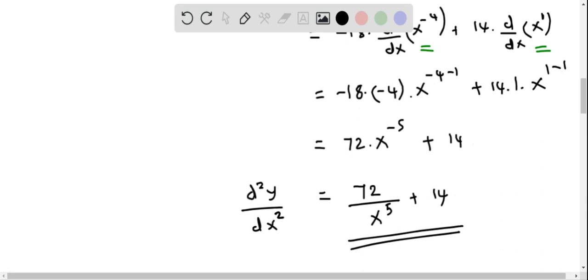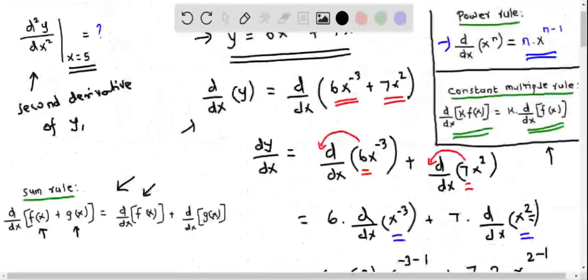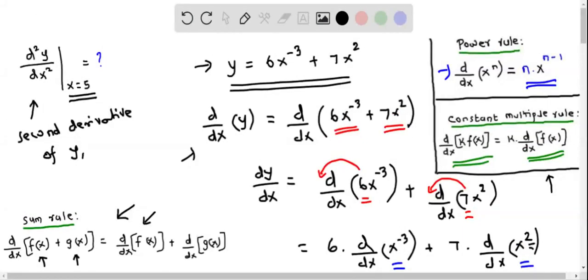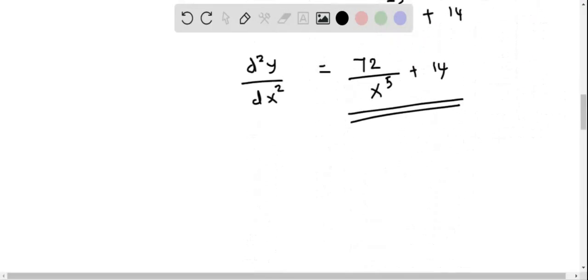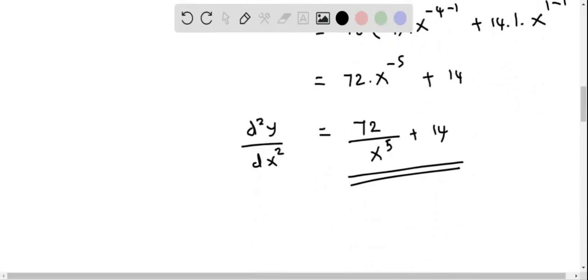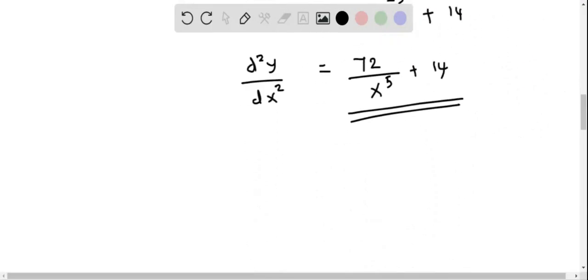Now to answer the question, which is actually we have to find the second derivative evaluated at x equal to 5, which means we have the expression for the second derivative, and in this expression we replace x by 5. So we can write down this in symbol notation as d2y by dx2 evaluated at x equal to 5.